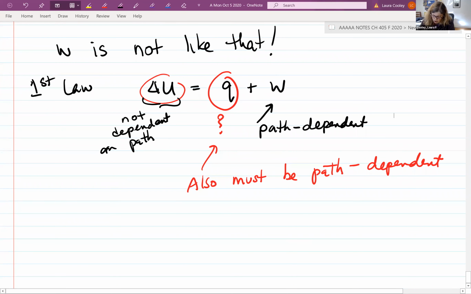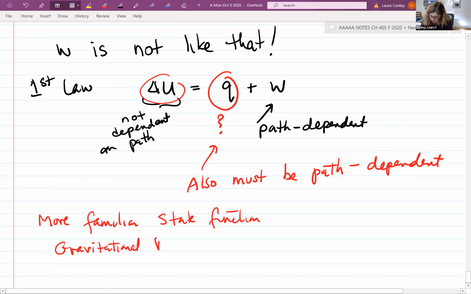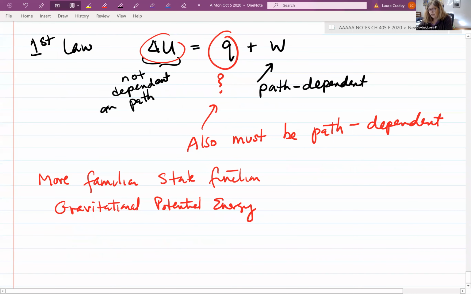So let me talk a little bit about a more familiar, garden variety state function, like the gravitational potential energy. If I define the zero of potential energy as my tabletop, and h is the height above that table, then PE is mgh.